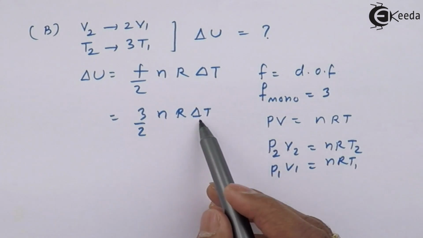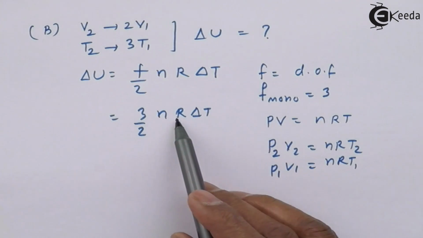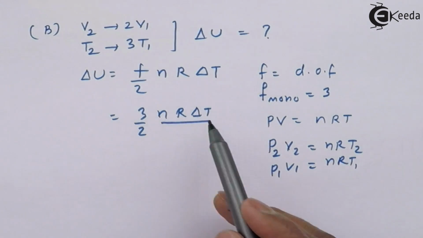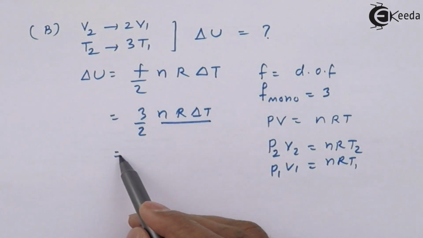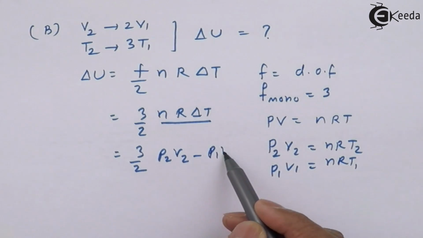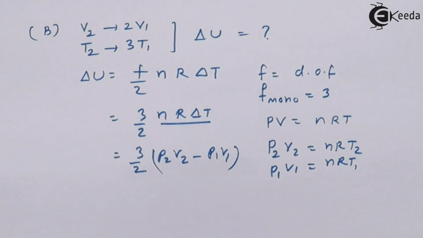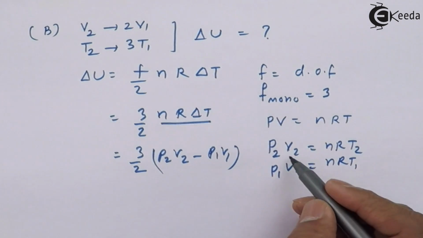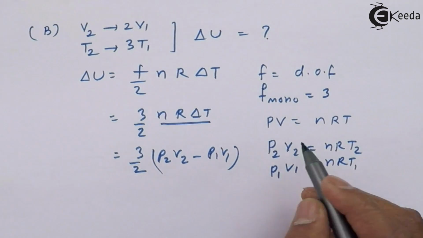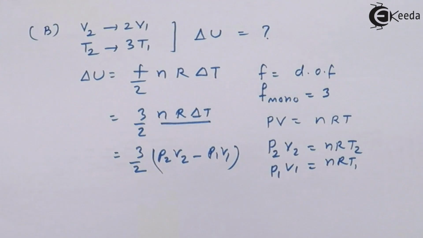So nR delta T is replaced by this value. So it is 3 by 2 times P2V2 minus P1V1. Okay, you got this? P2V2 minus P1V1 is this minus this. This is delta T. So therefore this is replaced by this.